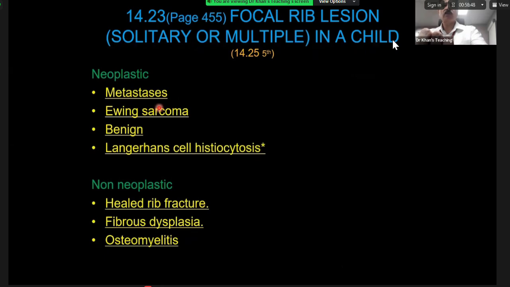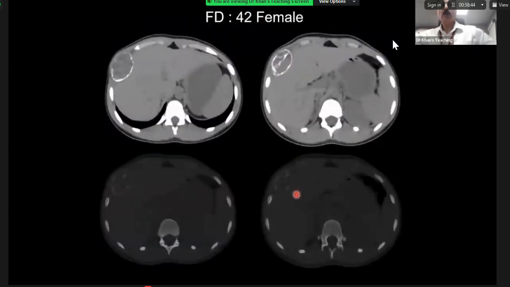Common sense, it is just age of presentation. This is an example. If I report this CT, I will never be very confident in calling this fibrous dysplasia. But the point is that if you start thinking in detail, what can it be?